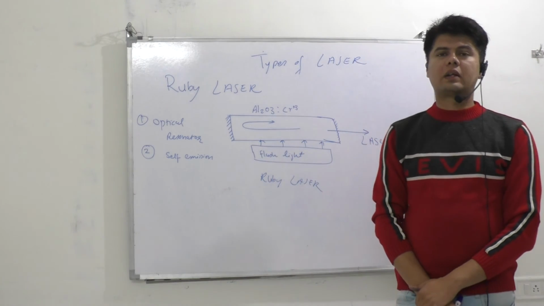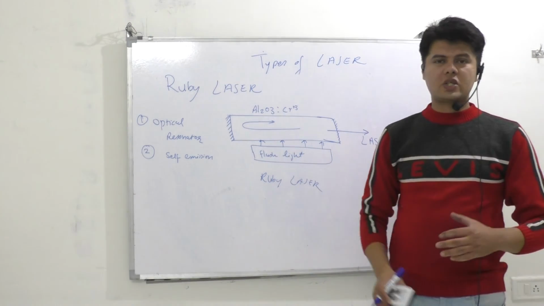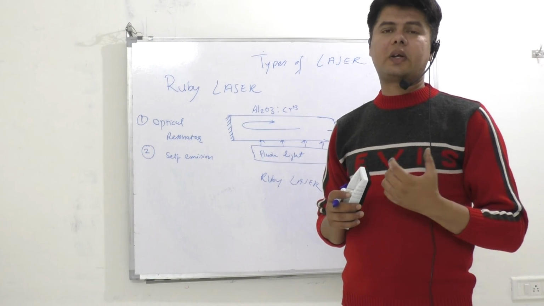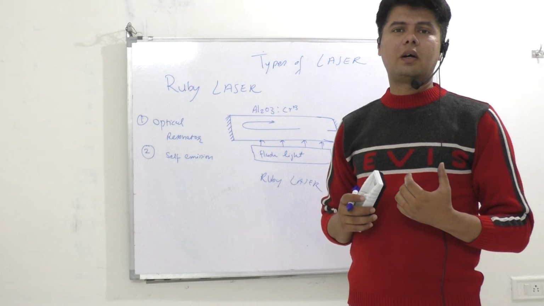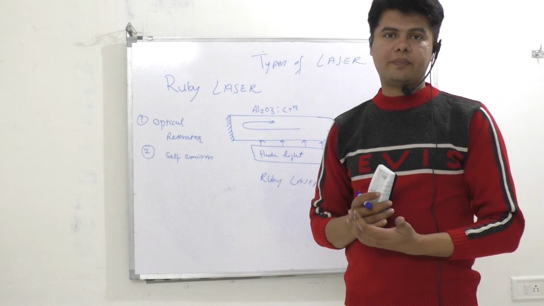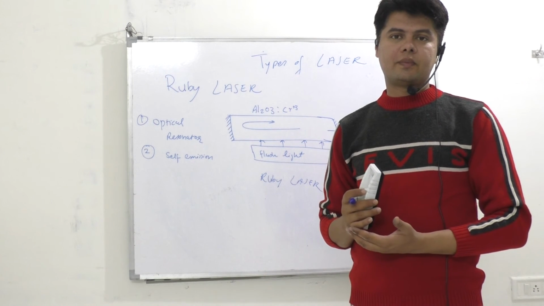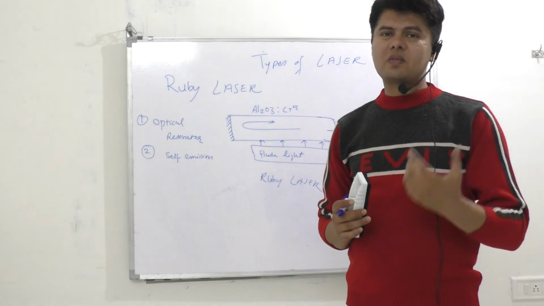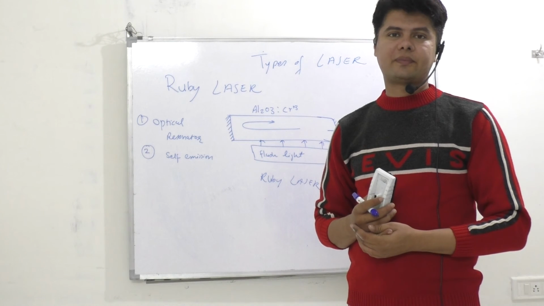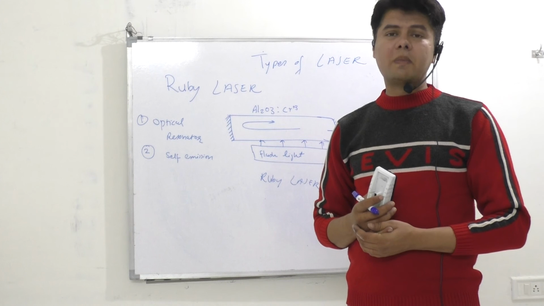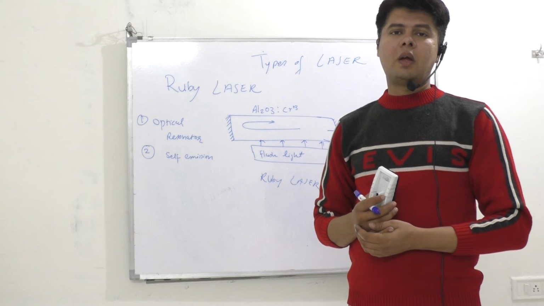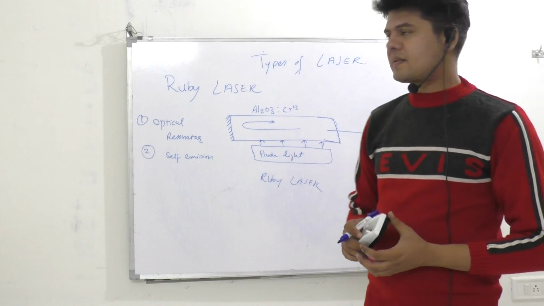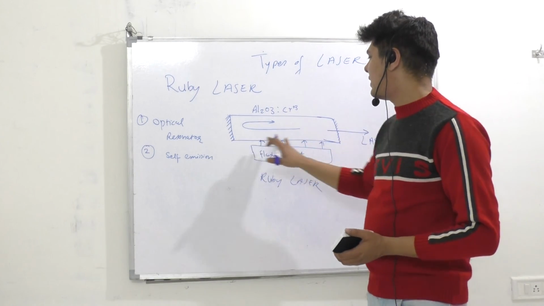Optical resonators use the self-emitted photons to make the stimulated emission, which is the cause of the laser beam. To make the optical resonator, we use two mirrors, one at the left hand side and one at the right hand side.